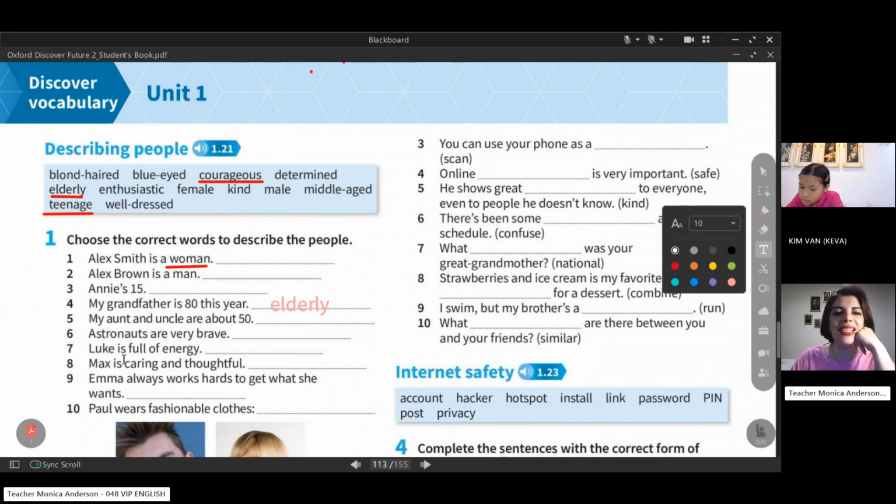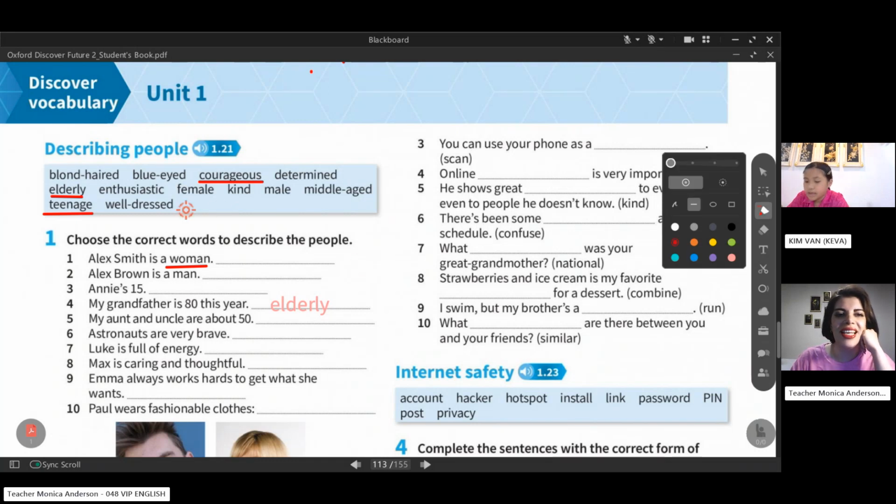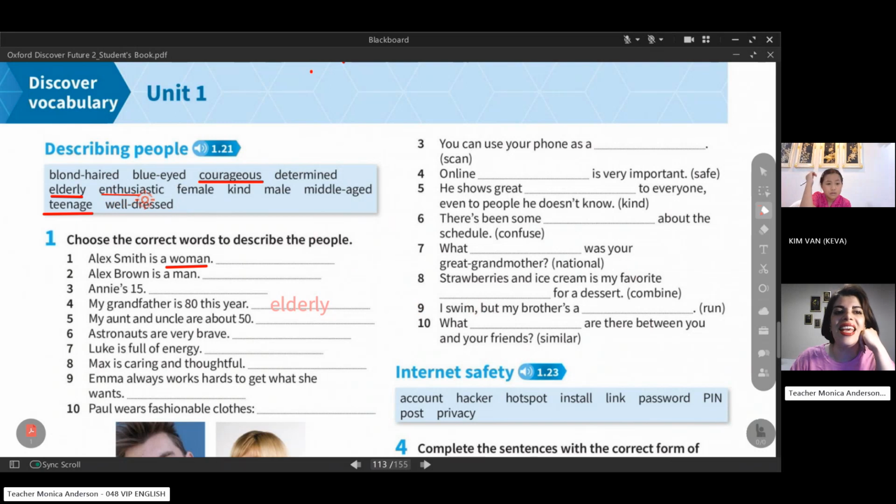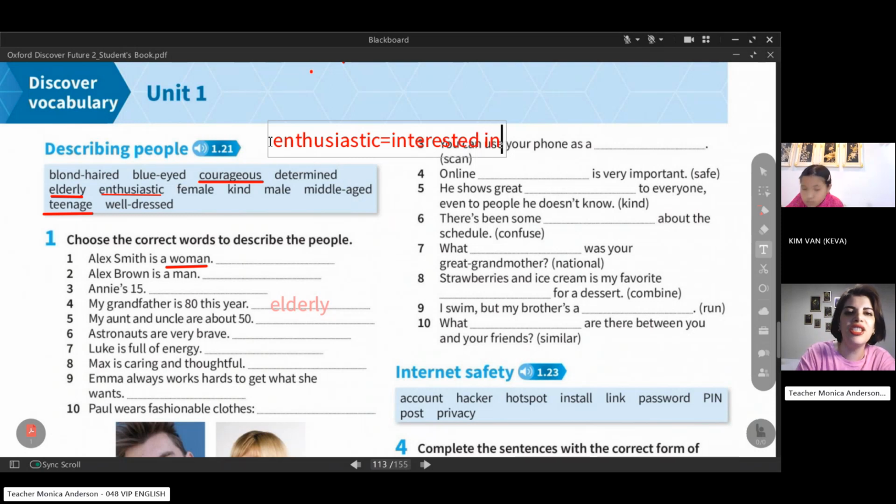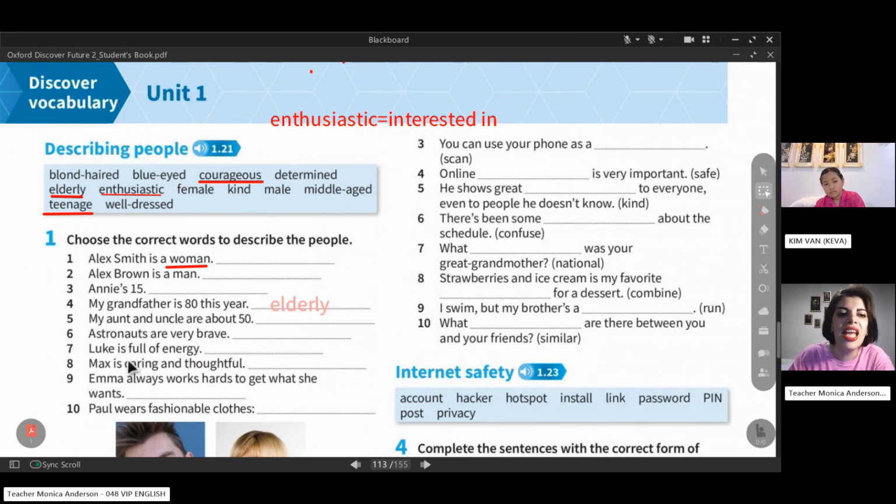So he is enthusiastic, interested in doing something. Enthusiastic, interested in doing something. Keen on, interested in, passionate about something, okay?